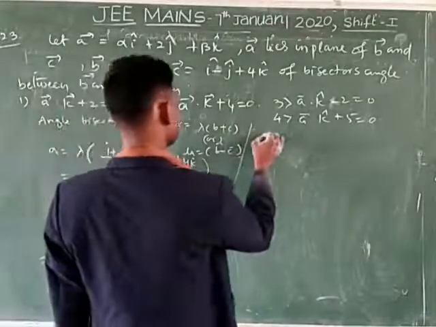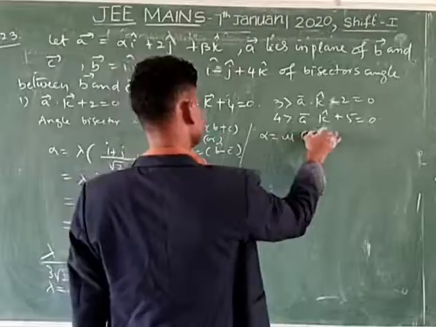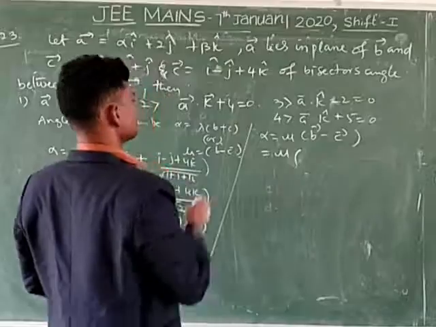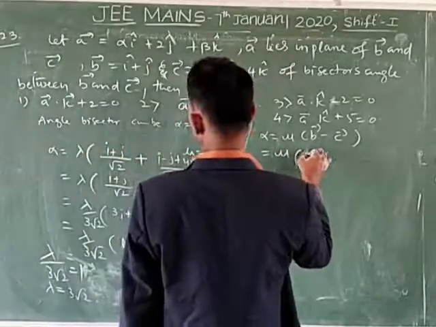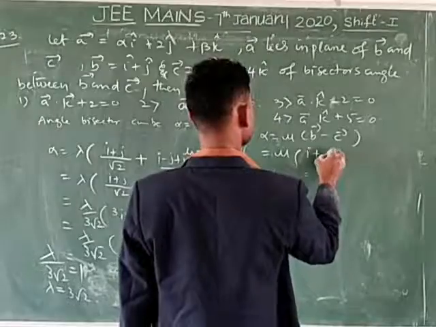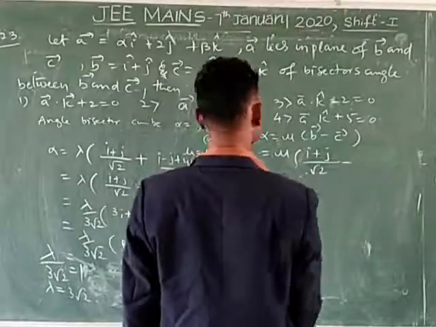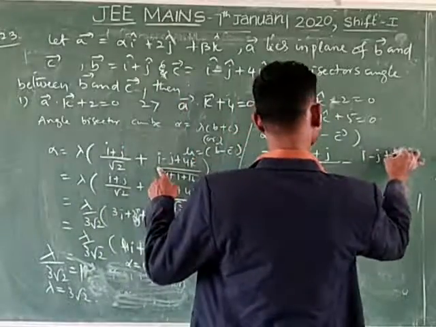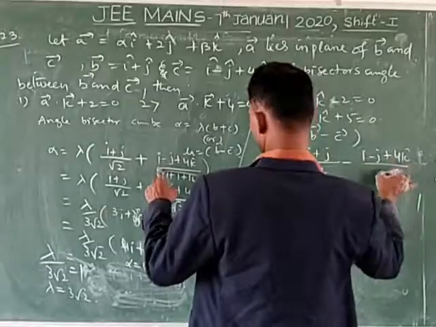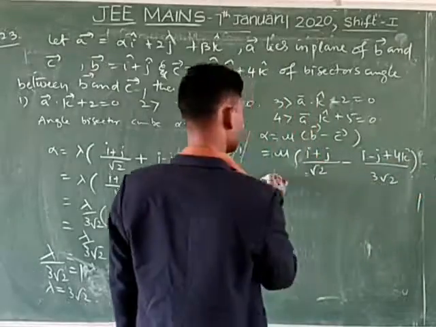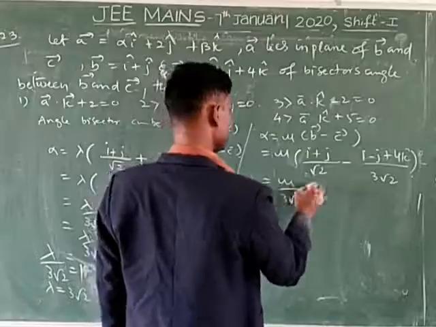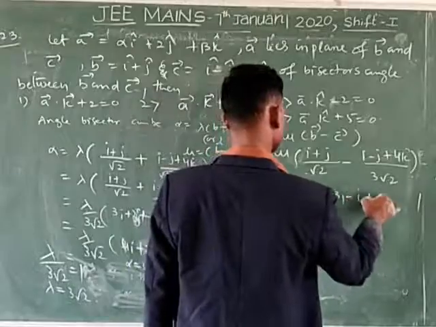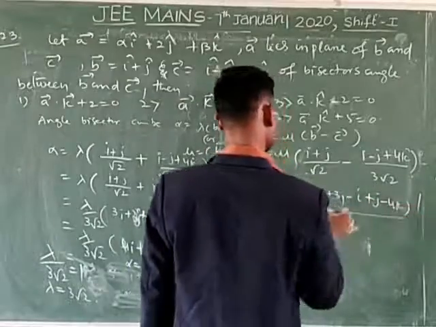Again you have to take the second case. Then here alpha is equal to mu into (B vector minus C vector). Here mu into B vector is i plus j by root 2, minus i minus j plus 4k by 3 root 2. Now you have to take the LCM, mu by 3 root 2. Here 3i plus 3j minus i plus j minus 4k.